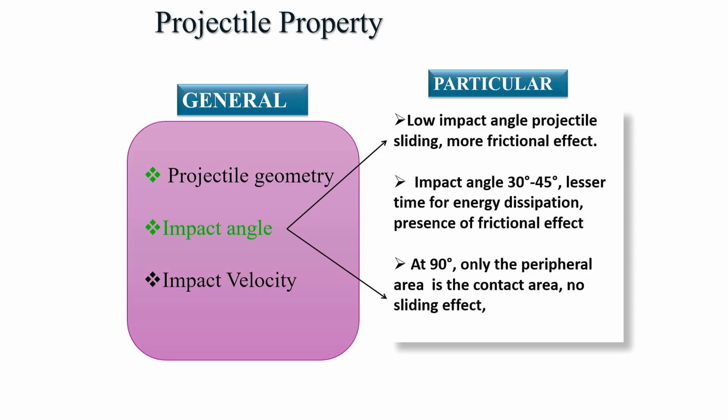Next is the impact angle, which is very important. As per the standard, the impact angle should be 90 degree. This is the impact angle. It is 90 degree, or sometimes it is called 0 degree angle, but it is 90 degree effectively. If we reduce the angle, then what will happen?